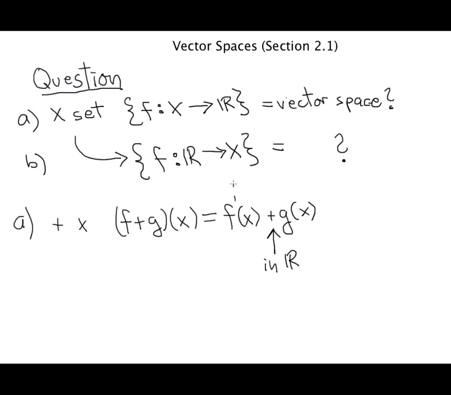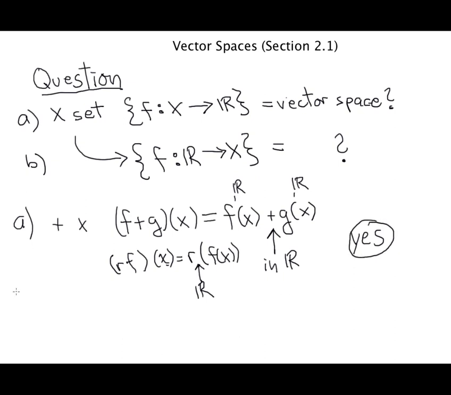Because f of x is in R, and g of x is in R. And so that defines addition. And similarly, scalar multiplication is r f of x equals r times f of x. And again, this is scalar multiplication in R. So that at least defines the operations, and if you go through the steps that we did before, you'll see that this is a vector space.